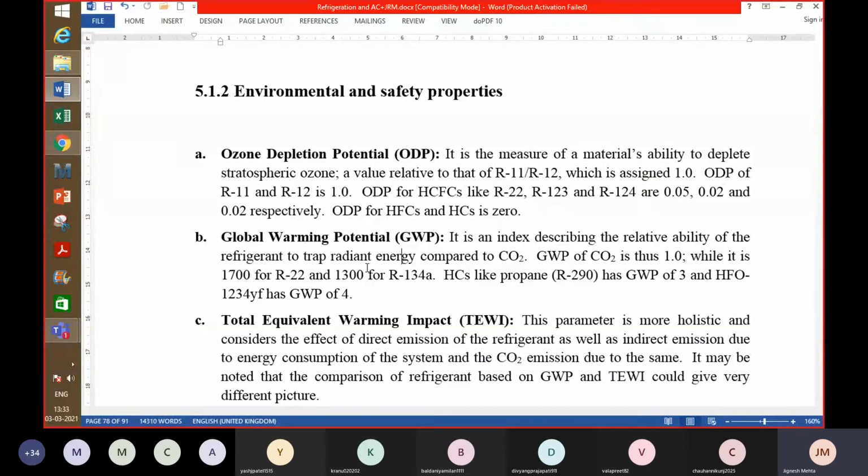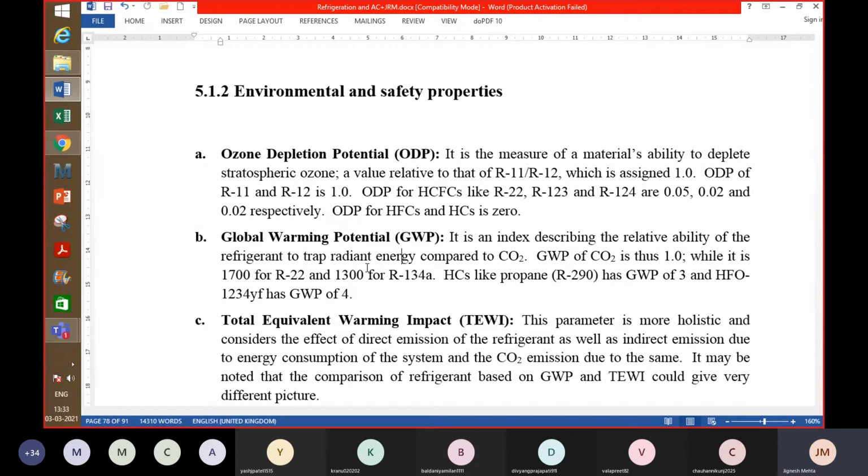When you say GWP, it is only talking about the direct emission of the refrigerant. But TEWI also takes into consideration the indirect emission due to energy consumption of the system and CO2 emission due to the same. It may be noted that the comparison of refrigerants based on GWP and TEWI could give a very different picture.